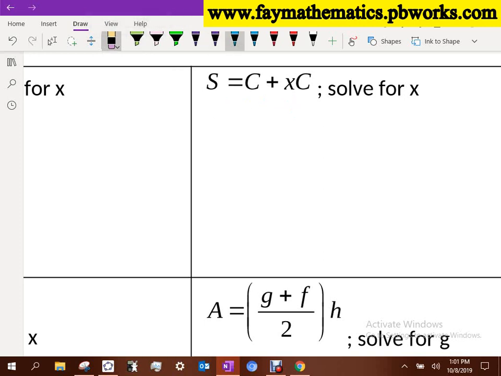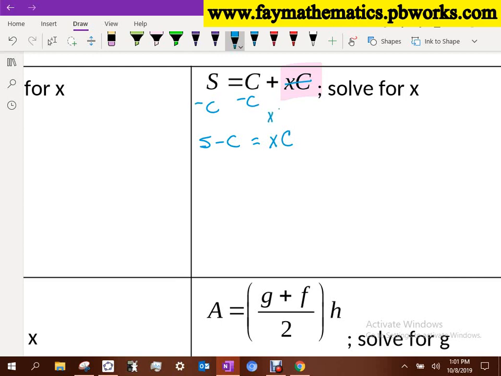All right, so you're going to subtract C from both sides. So minus C. Now, I would have S minus C, right? Does that make sense? I can't really do that subtraction. I don't know what S is, and I don't know what C is, so I don't know what their total is, right? And then I have X times C. Now, remember, you told me C earlier was 4, right?